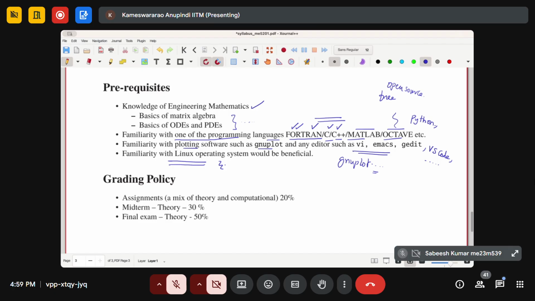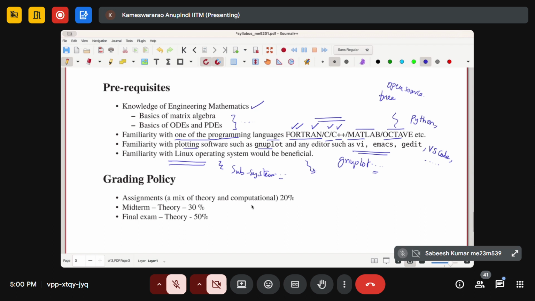Or if you figure out how to compile your C, Octave or Python programs on your Windows machine itself using Visual Studio Code, that is also fine with me. It is not that you have to have access to a Linux or Unix operating system. But you have to figure out a way, where again the TAs can help in case you have questions on how to use it on your Windows machine. We'll probably come up with a document and share it with you.